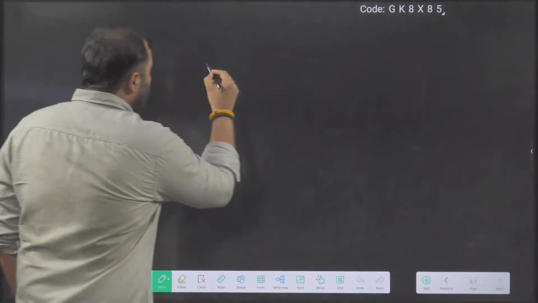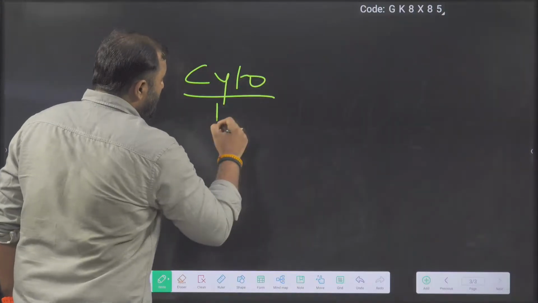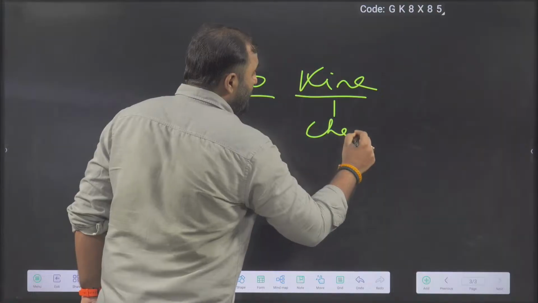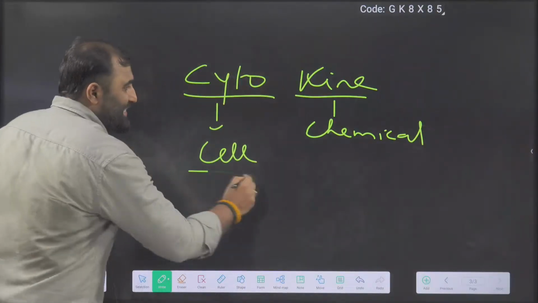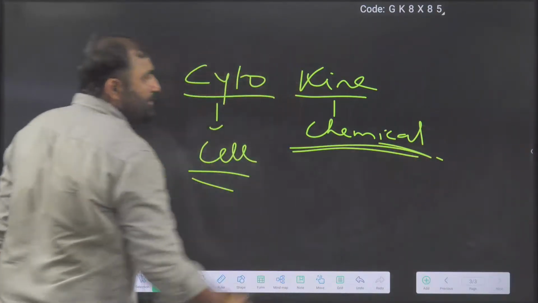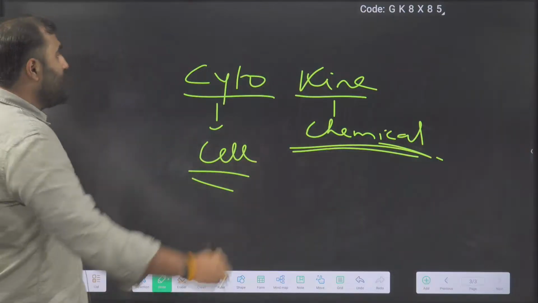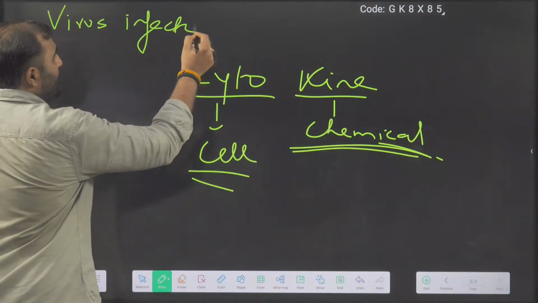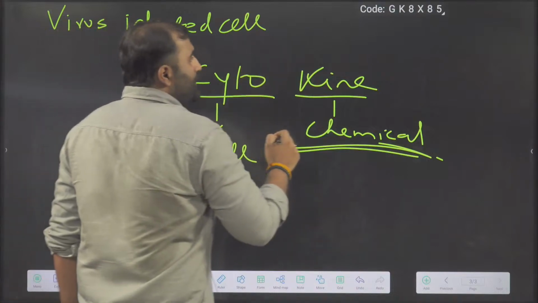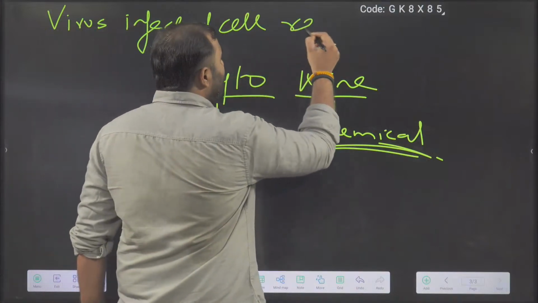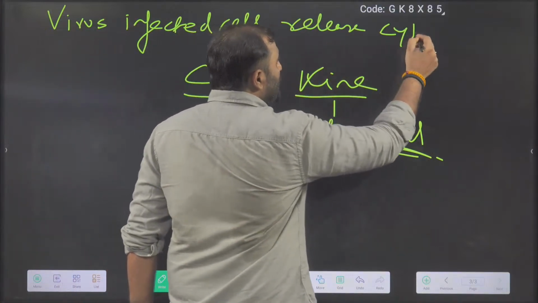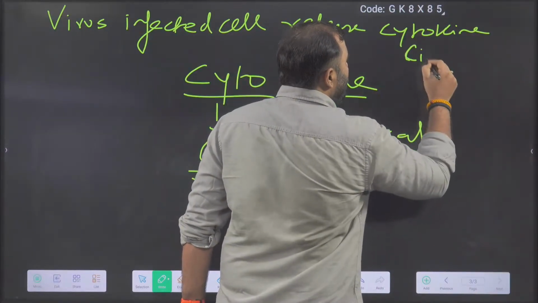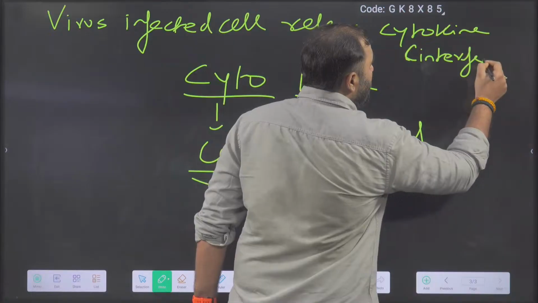Now listen very carefully. Cyto means cell and kine means chemical. So basically a cell is releasing a chemical. Which cell releases this chemical? The virus infected cell releases cytokine. Which kind of cytokine? Interferon.